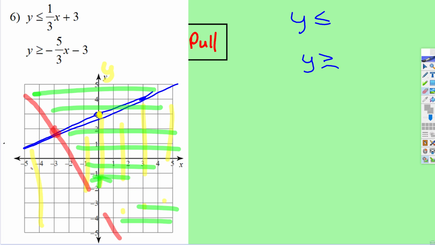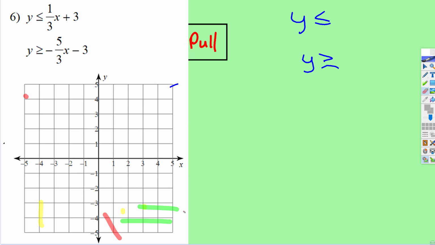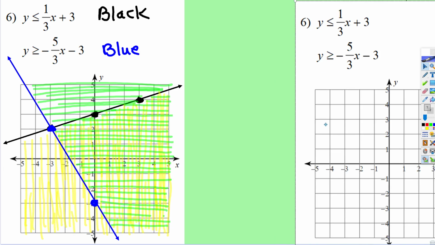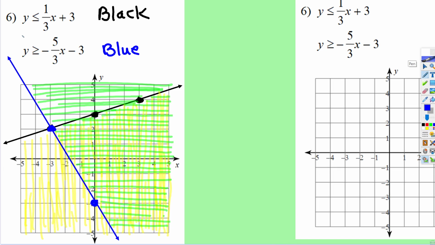And so I have a better version of this so that you can see what I'm talking about. All I did was graph this first line, the black line right here, and that said y is less than. So in the yellow highlighter, everywhere underneath the black line, I shaded.